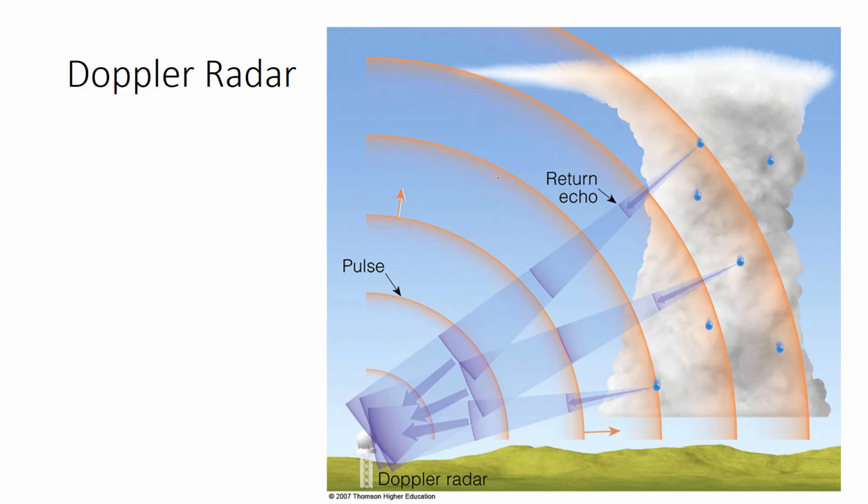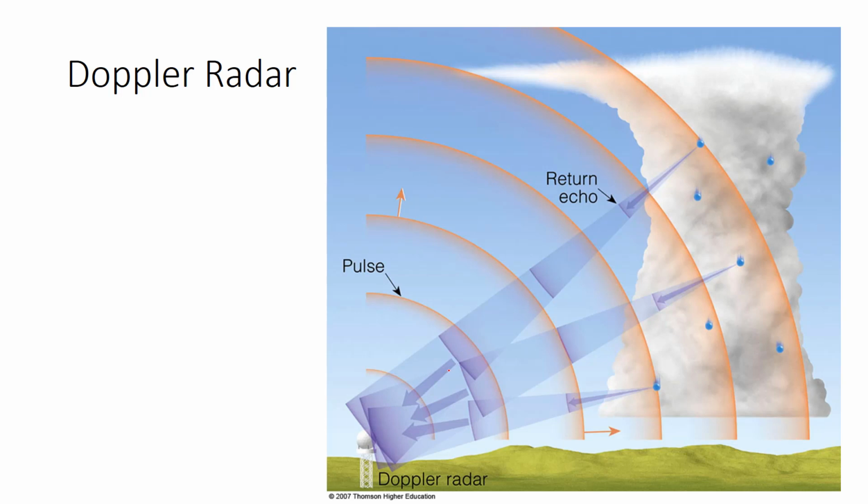So we want to know where rain is located. Well, the good news is that we actually have technology that allows us to do that. There's actually this device at a lot of different weather stations, oftentimes stationed on top of a mountain. And what it does is it sends out a pulse of radio waves.